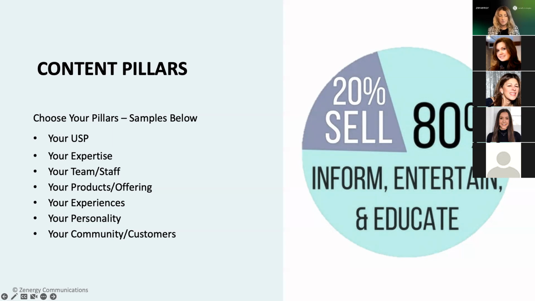All of that is so important, because if you look at the image on the right-hand side, 80% of your content should be focused on informing or entertaining people or educating them. And then 20% of that, you can do the hard sell. But you need to strike that balance, because if you find that 100% of your content is sell, sell, sell, your engagement drops, your interactions drop.